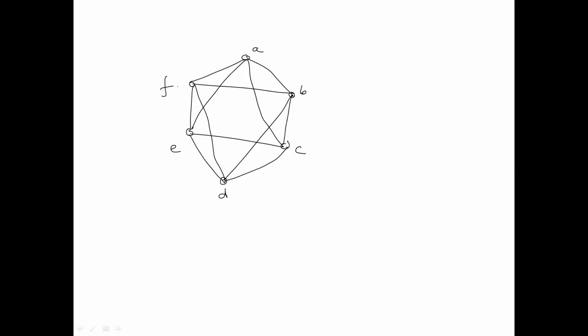Just see all are even or not. What is the degree of A? 4. B? C is also 4, right? D is also 4. E is also 4. F is also 4. So all vertices are having even degree, right?